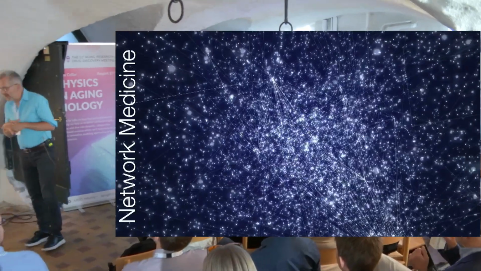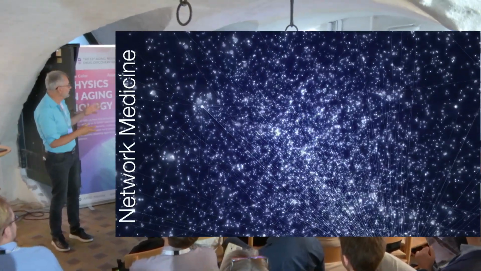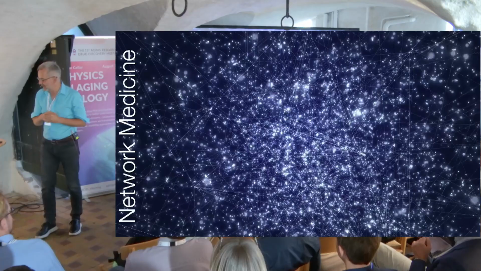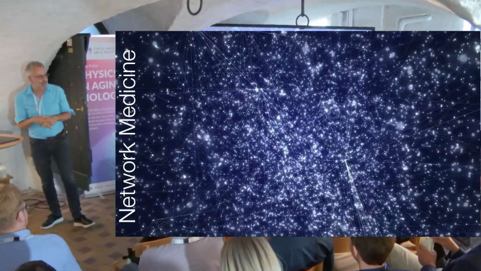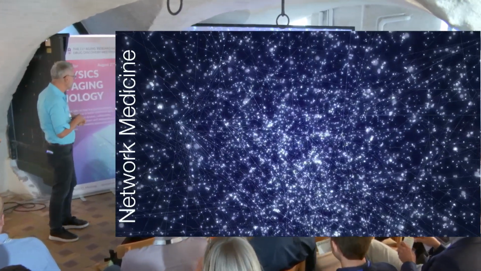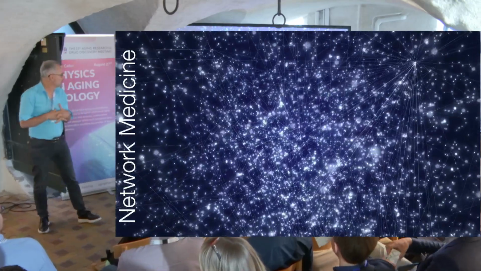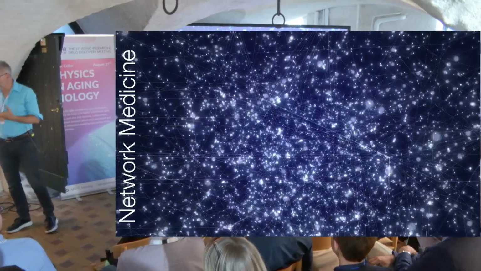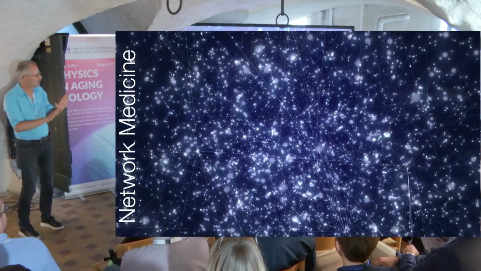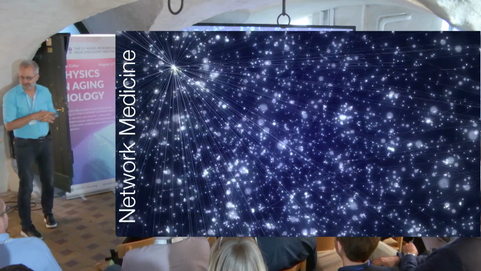But the question is, how do you conceptualize disease within a network like that? That's really what my lab has been focusing on in the last 15 years, and it has now become a subfield called network medicine, at the intersection of network science, medicine and statistical physics.